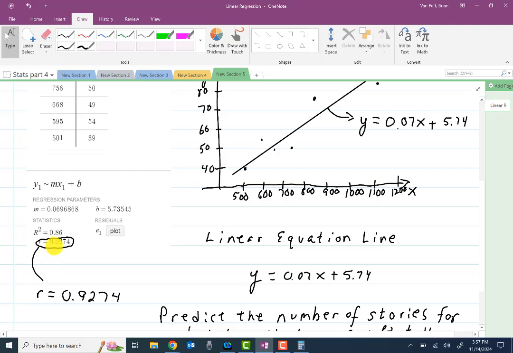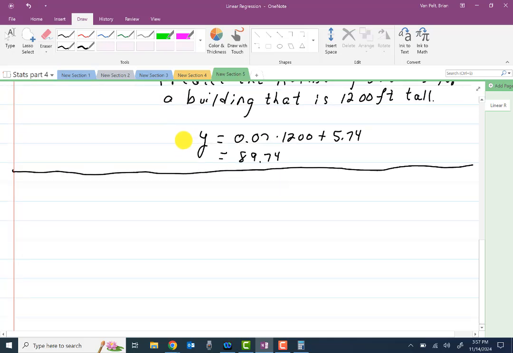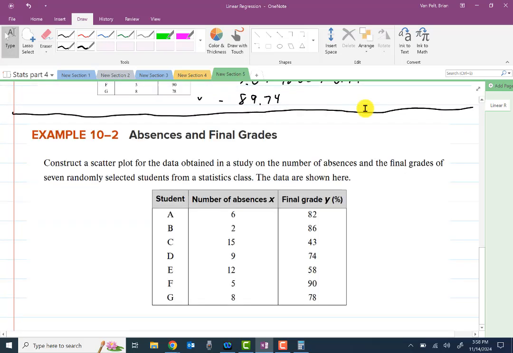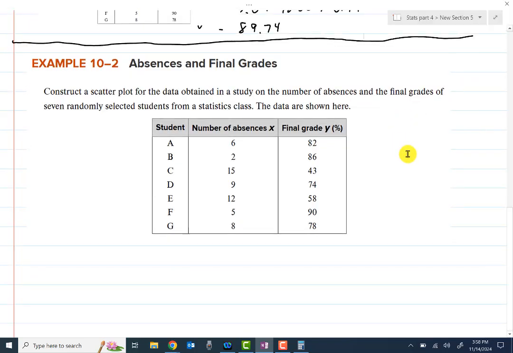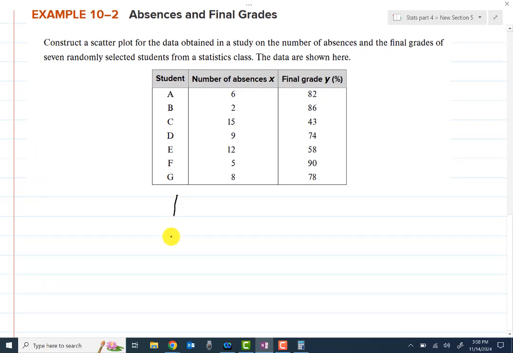Let me show you. Here's another one, and it lists the number of absences plus the final grade. So it's looking for some sort of a correlation between the two of those. So once again, I'm going to draw just a rough sketch. It doesn't have to be good. I just want to see if the dots kind of line up.